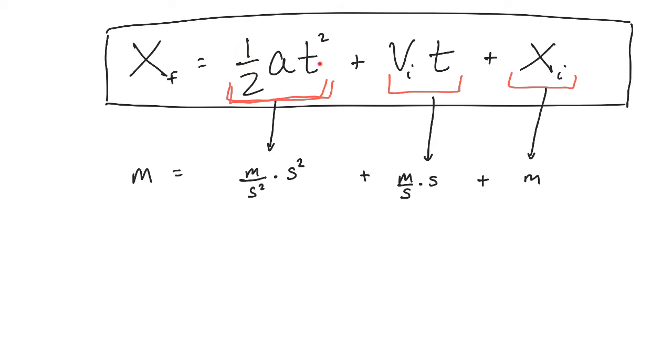And then look, we're squaring time. So we have to square seconds and we get seconds squared. This cancels right there. So we're left with meters in the first term. Next, we've seen this before. Seconds cancel out on the bottom and the top there, and we're left with meters, and then obviously initial position is in units of meters. So we've checked it. Everything looks great and consistent.